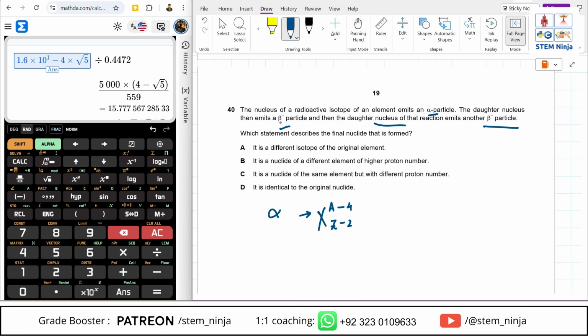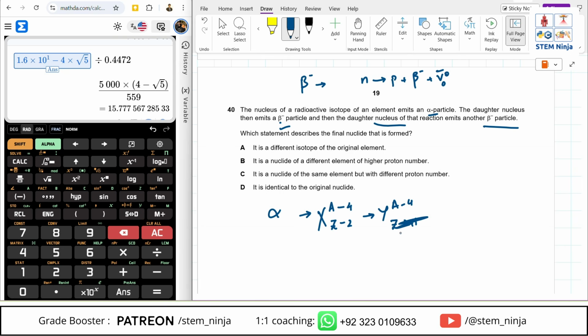Now, when a beta negative particle decays, remember, a neutron decays into a proton, a beta negative and an antineutrino. So the proton number is increased, the mass number remains the same, but the proton number increases. So A minus 4 remains the same, but the proton number, minus 2 plus 1, becomes minus 1.